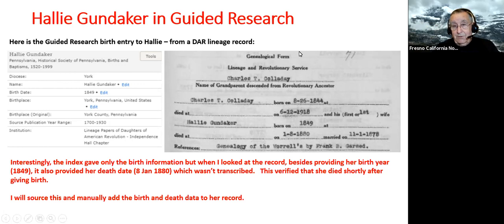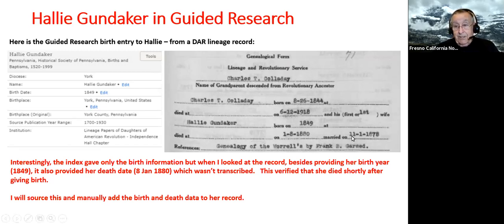And what comes up is this lineage form for the DAR for Charles Colladay. And now here's Charles's information. And it says his first wife is Hallie Gundaker, born in 1849 at blank, died at blank, but it gives a death date, the 8th of January, 1880, and the marriage of the 1st of November, 1878.